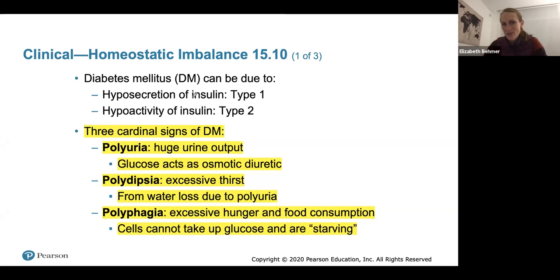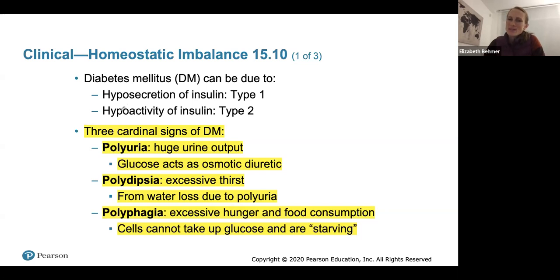Type 1 diabetics are usually born that way, or it's something that's onset later in life, but there are no environmental factors. They weren't not exercising, not eating right, they're not obese. Type 1 diabetics have to give themselves insulin shots because their cells in their pancreas are not secreting insulin. They have a hyposecretion of insulin.